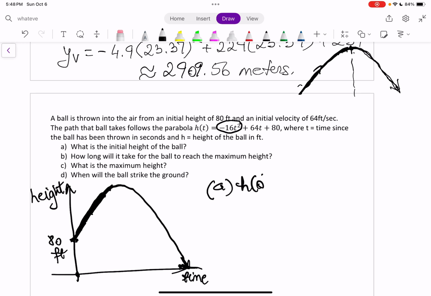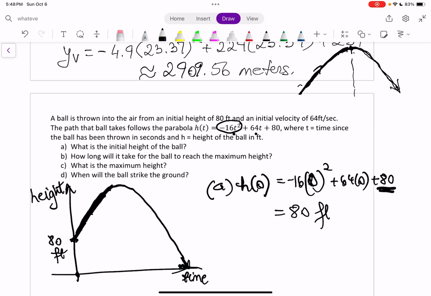So what's the height when the time is 0? It did tell you in the story, but as you see, that very much shows from the equation as well, because at time 0, if you plug in 0 for t, you're going to get 80. So in other words, really that's where the 80 comes from in that equation.